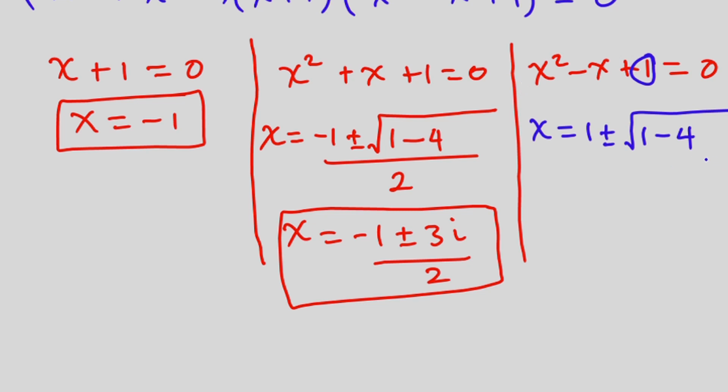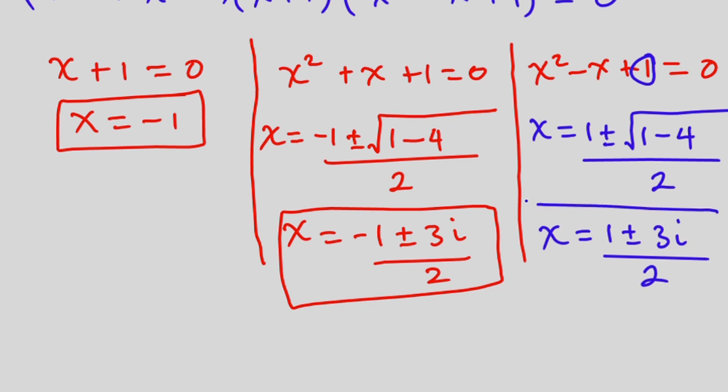So we're going to have negative 4 divided by 2 times 1, which is 2. So we have x is equal to 1 plus or minus. This whole thing will give us negative 3 like previously. So we have root 3 i right here, all divided by 2. And guess what? We have 5 solutions in all. 1, 2, 3, 4, 5.